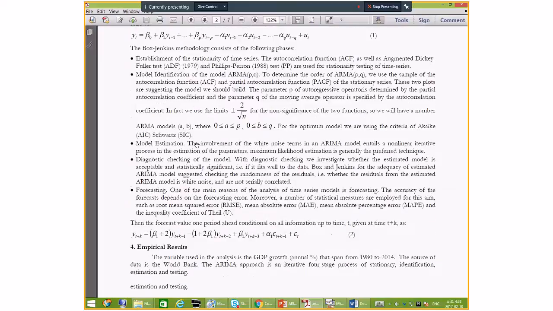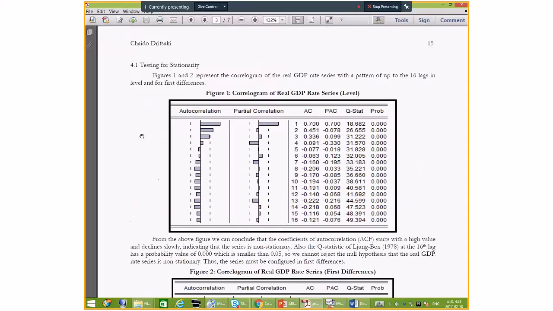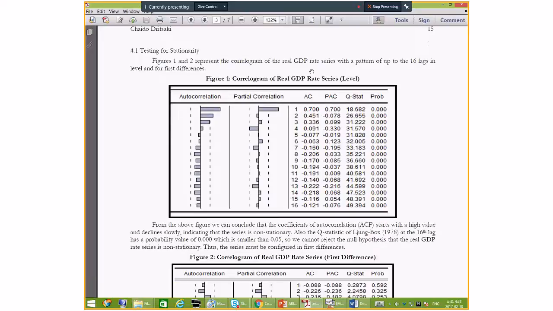In this stationarity testing, there are 16 lags, 1, 2, 3, 4, 5, 6, 7, up to 16. There are 16 lags in levels and first differences.